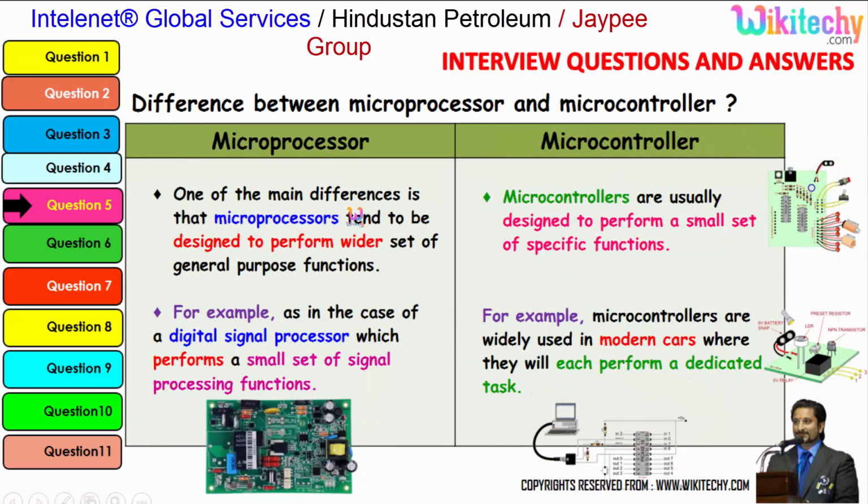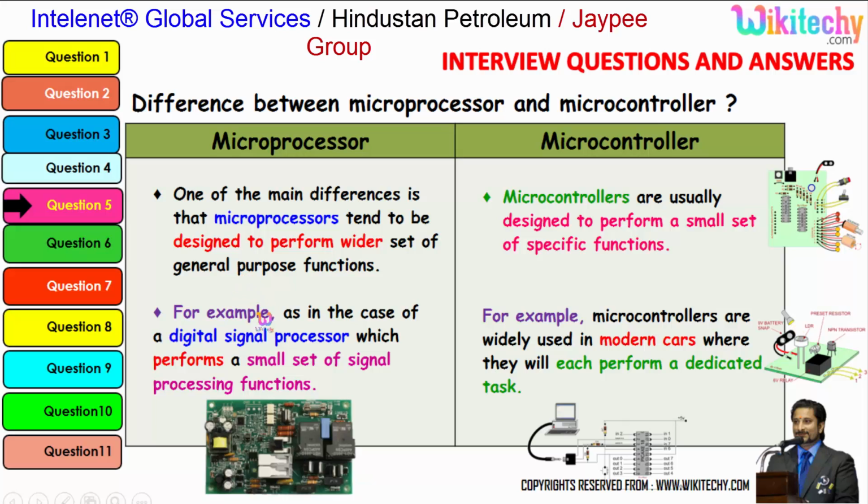One of the main differences is that microprocessors tend to be designed to perform a wider set of general purpose functions. For example, a digital signal processor performs a small set of signal processing functions. Whereas microcontrollers are used to perform a small set of specific instructions or functions.